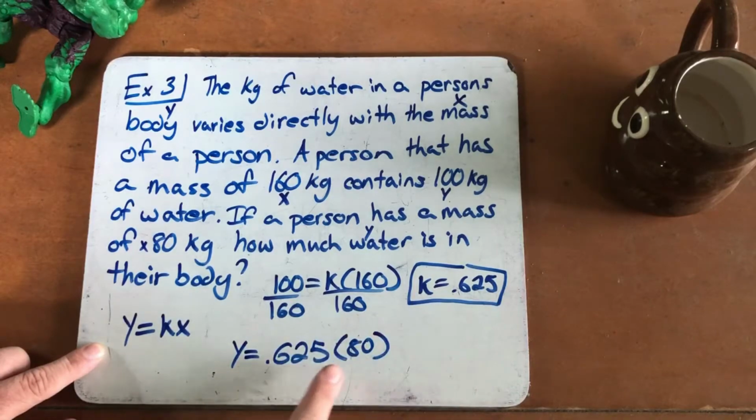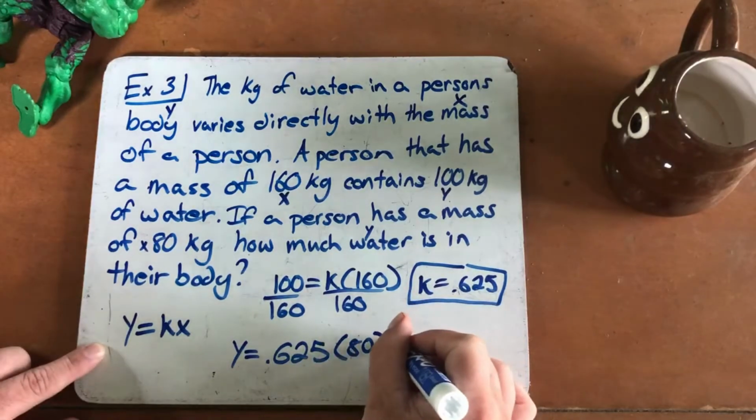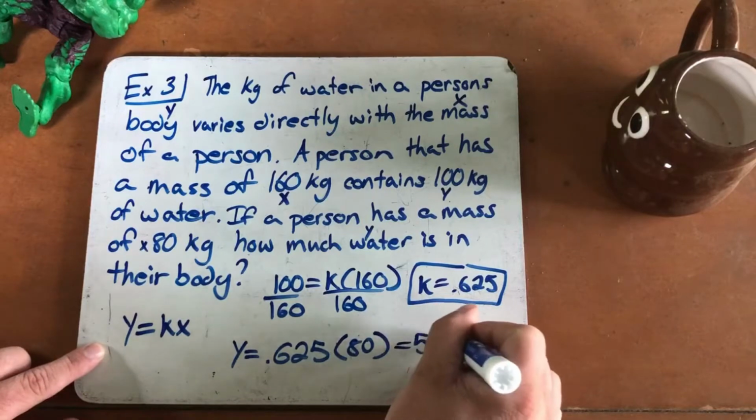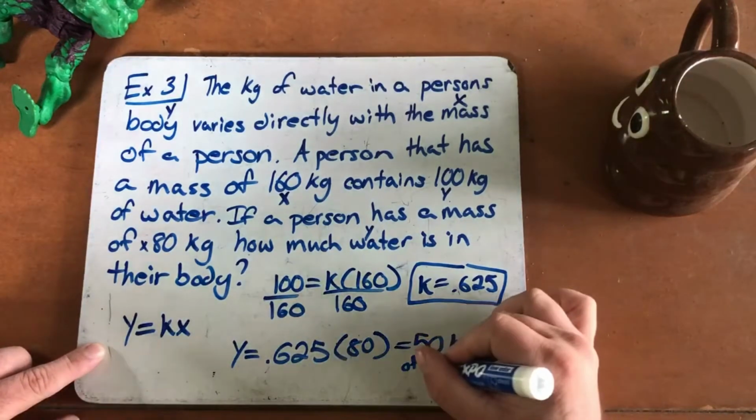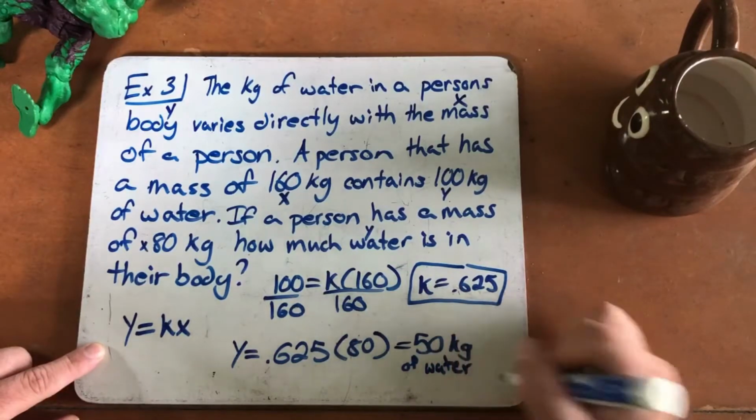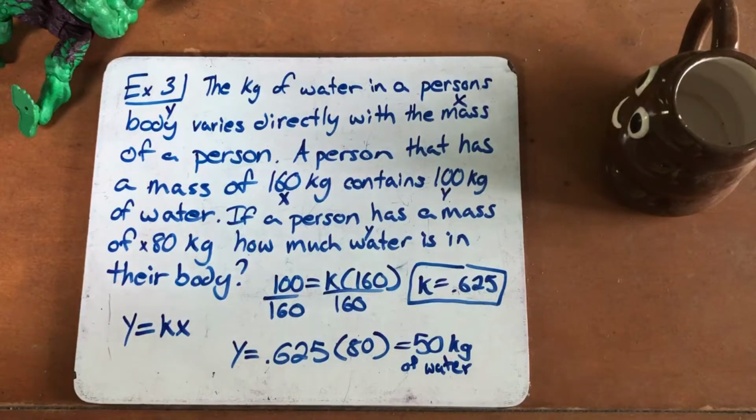And so I have 0.625 times 80, which is 50 kilograms of water. So a person that weighs 80 kilograms has approximately 50 kilograms of water inside their body.